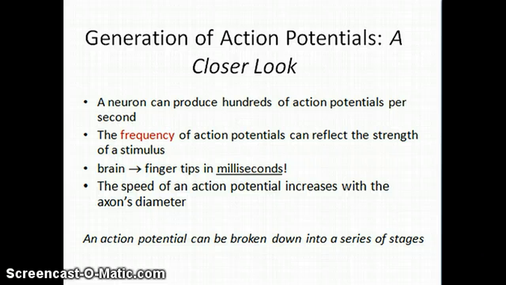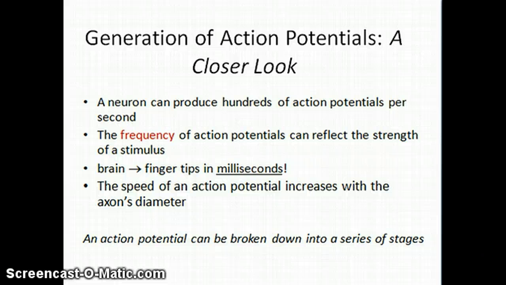It's that we have more impulses quickly passing by. The number of action potentials passing along is how strong the stimulus is going to be. And remember, it only takes milliseconds to get a message from your brain to your fingertips, for example, to get it off something that's hot and burning.